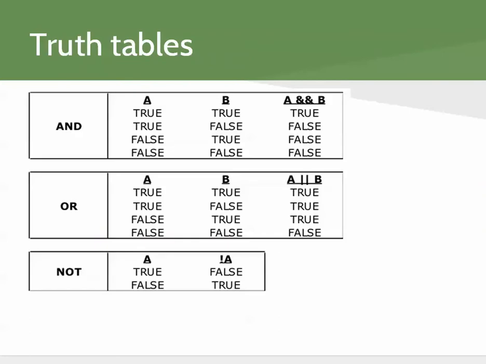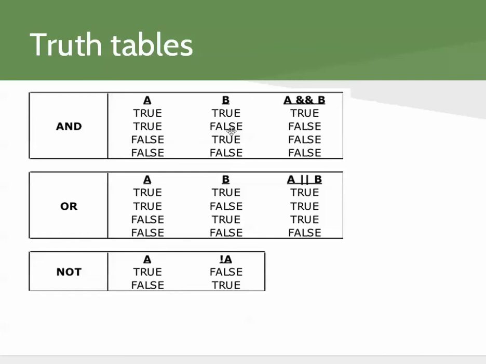Normally when we describe logical operators, we look at what are called truth tables. It's really just a table of what true and false values will come out of using these operators. For an and operator, the double ampersand, if the left and right hand sides, A and B, are both true, the result will be true.